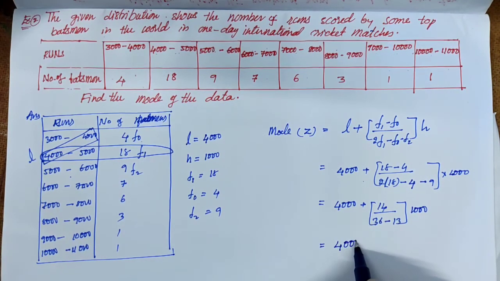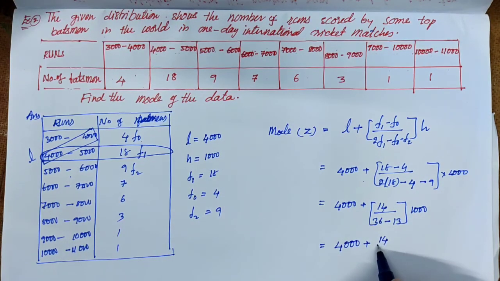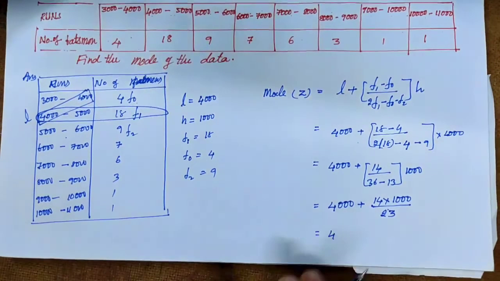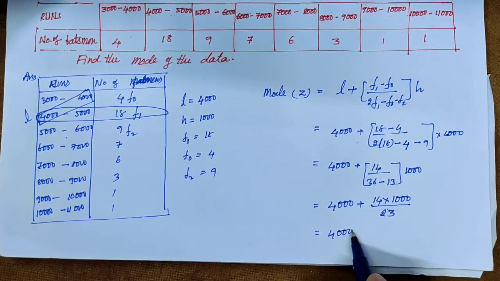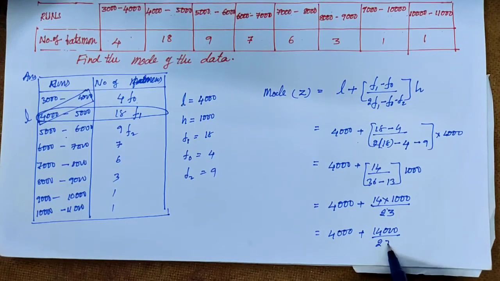Which is equal to 4000 plus 14 into 1000 by 23, which is equal to 4000 plus 14,000 divided by 23.